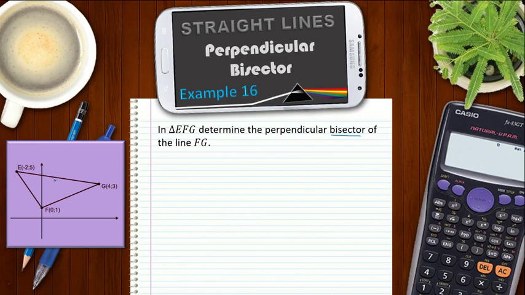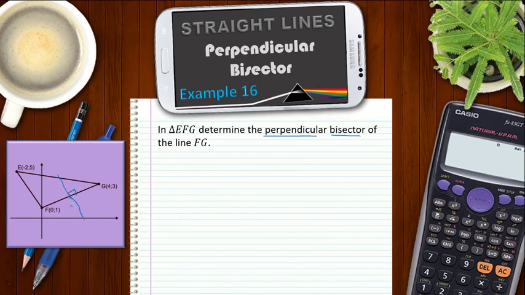It bisects it. And we need to find the perpendicular bisector of the line FG. So that means we need to find a line that cuts FG in half. But the other important word is perpendicular, which means it has to cut it in half, but at a 90-degree angle. So that means cutting it there at 90 degrees.